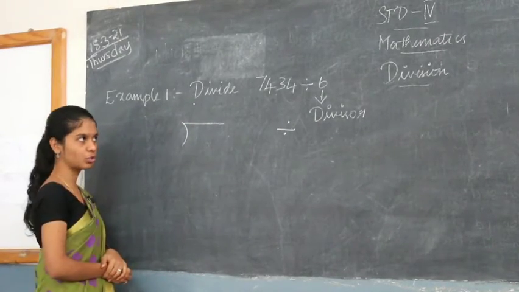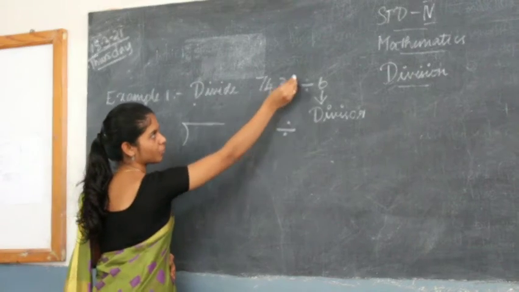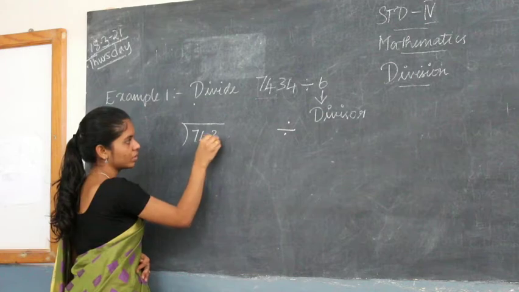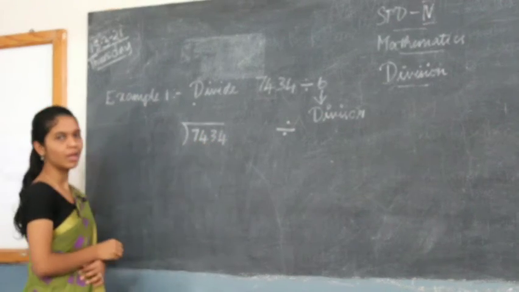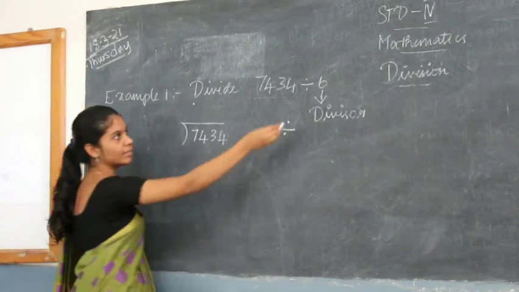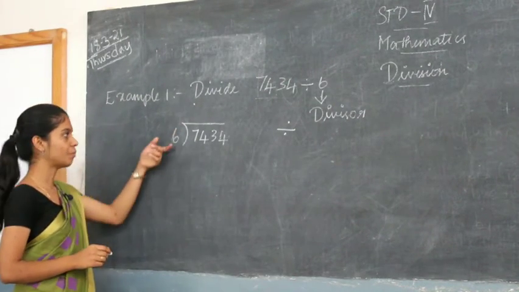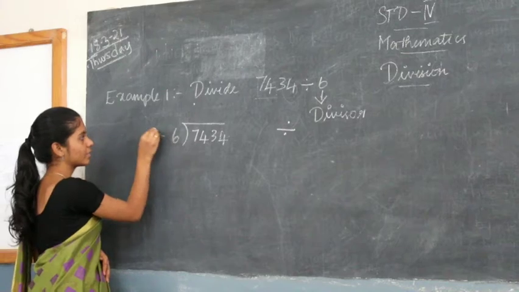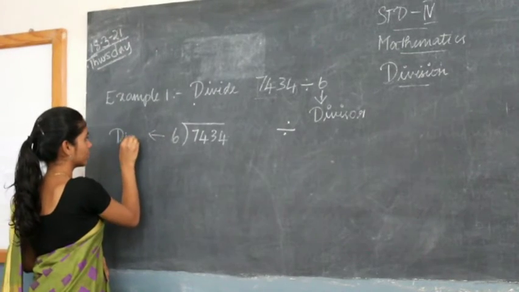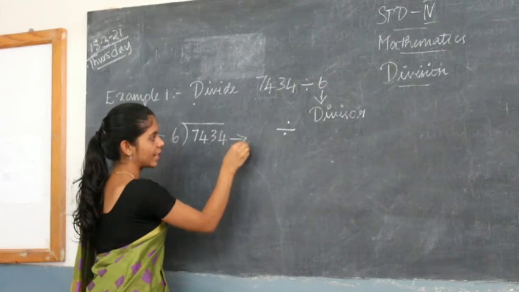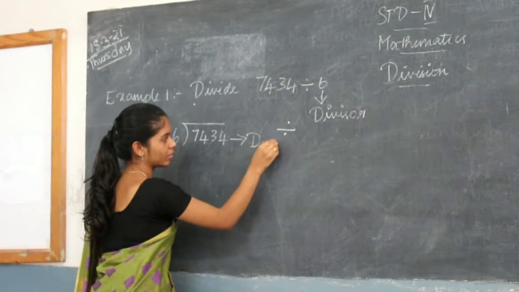You should write the bigger number, 7434, inside this, and then you will write the divisor on the outside. The number you have written outside is called the divisor, and the number which is inside is called the dividend.